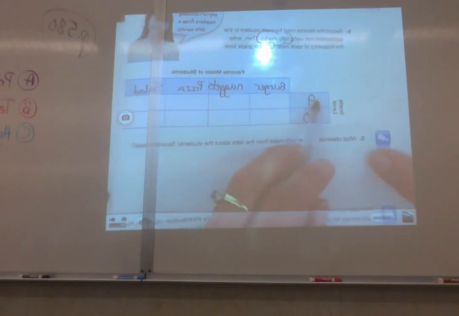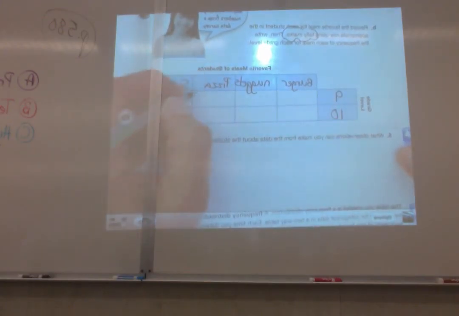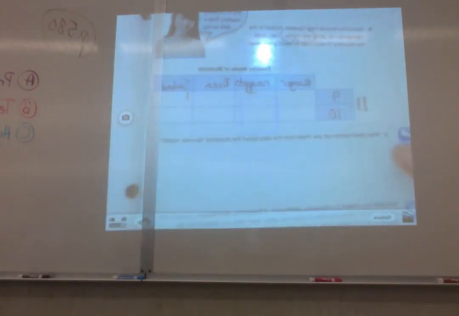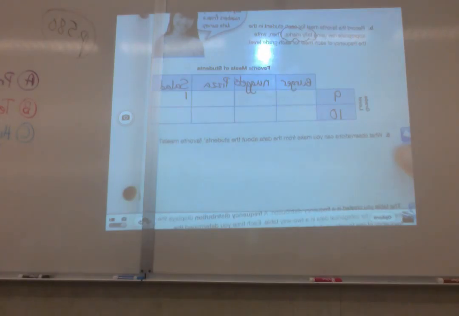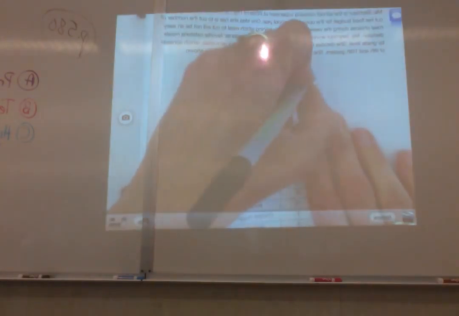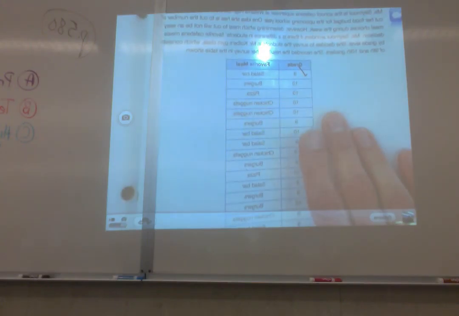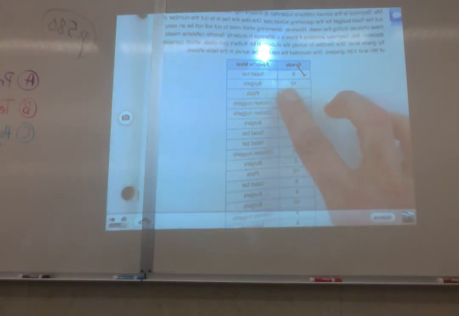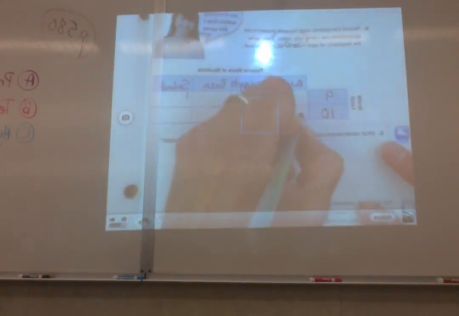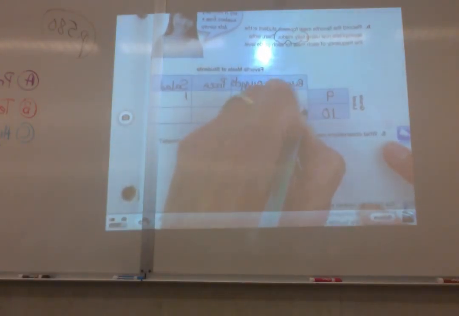So I go to 9 and put 1 small tally for salad bar. And then maybe I'll put a check over here so I make sure I got that info. Now a grade 10 has a burger. So back over here, grade 10, 1 for burger.